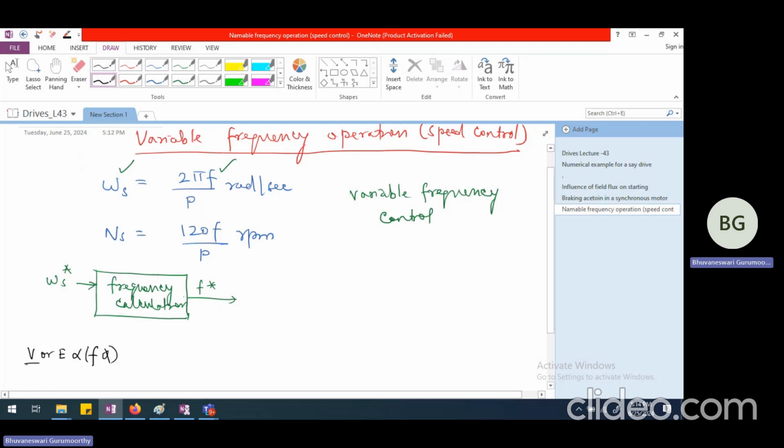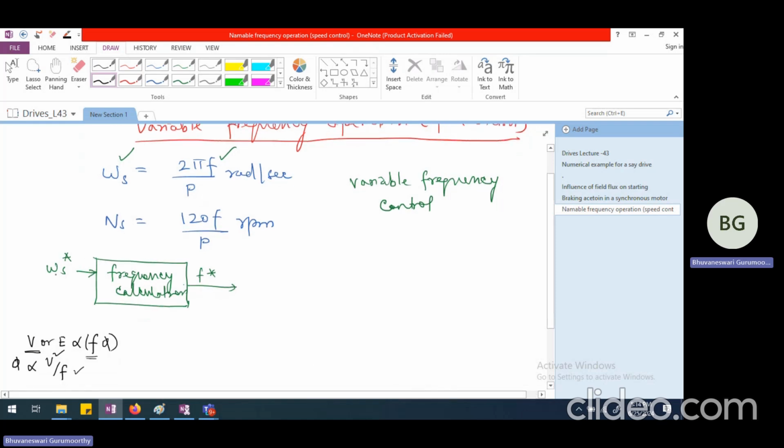So if I keep the voltage at the same value, whereas reduce the frequency, V divided by F is going to be proportional to flux. So the flux will increase tremendously if I make the frequency into half, whereas I maintain the voltage at the same value. So the machine will get into saturation, magnetic saturation, which is not a good thing at all.